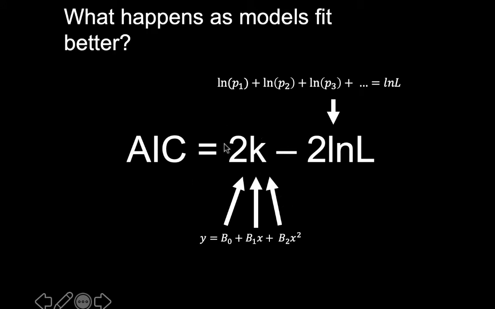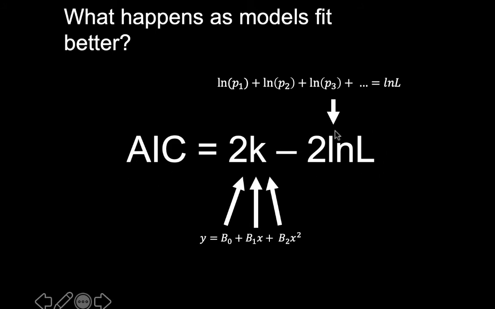Right? And then you look at this 2k here. What happens is our model gets more complex. As our model gets more complex, we get more parameters that we're estimating, which means k goes up, which means a more complex model will increase AIC, and a simpler model will decrease AIC. So, if a simple model fits well, our AIC would be very low.